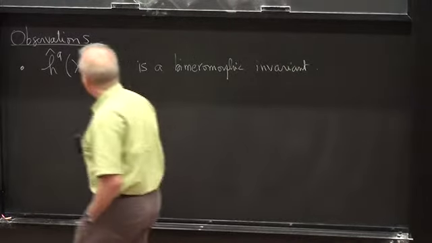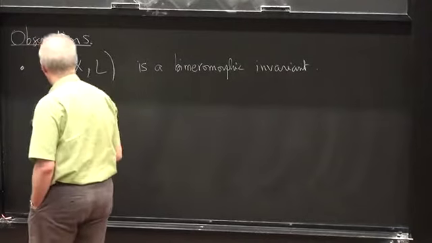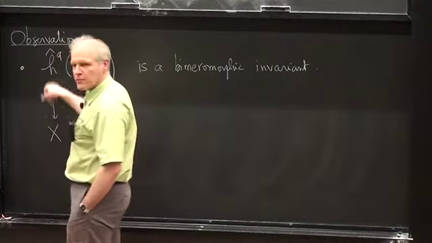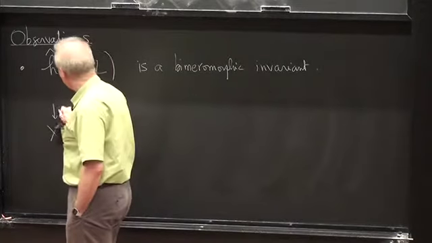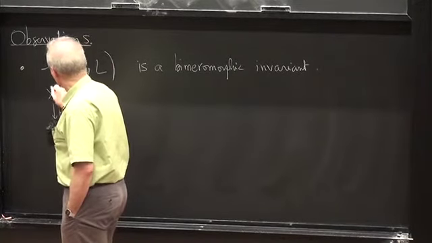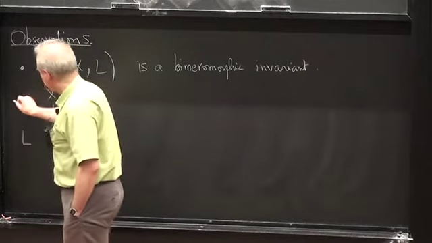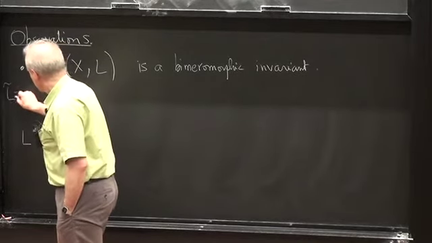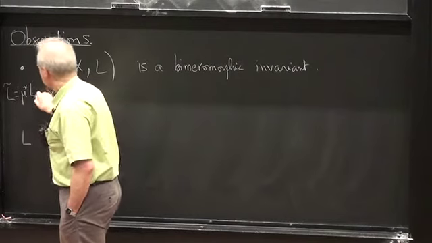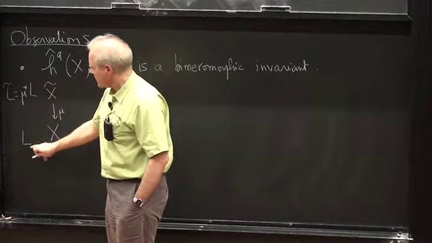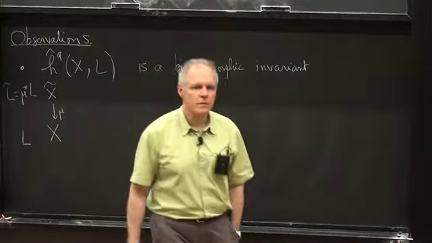So if you have two manifolds, and then you perform a sequence of blowups, so you have a modification, and then you start with a line bundle here, and then you take the pullback, then the asymptotic cohomology of this and the asymptotic cohomology of L are equal.